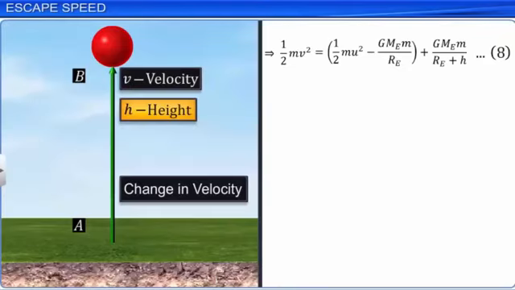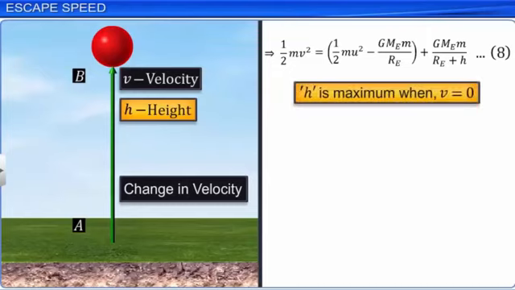The height gained by the body projected vertically upwards is maximum when its velocity v becomes 0. This is possible when the sum of all the terms on the right side of equation 8 is equal to 0.